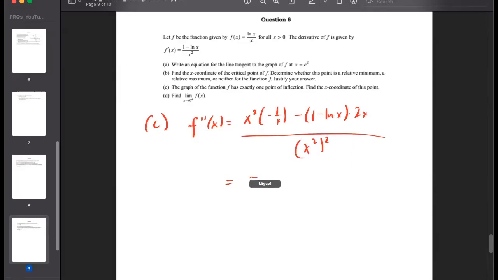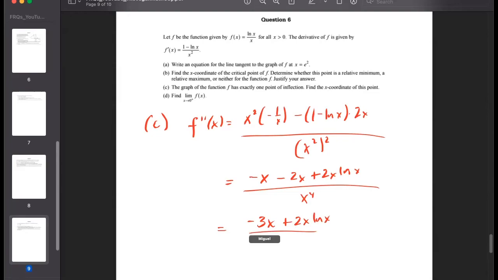It looks like I have negative x minus 2x plus 2x ln of x, all over x to the fourth, which becomes negative 3x plus 2x ln of x all over x to the fourth. Well, all we're really doing here is making sure we set this equal to 0.